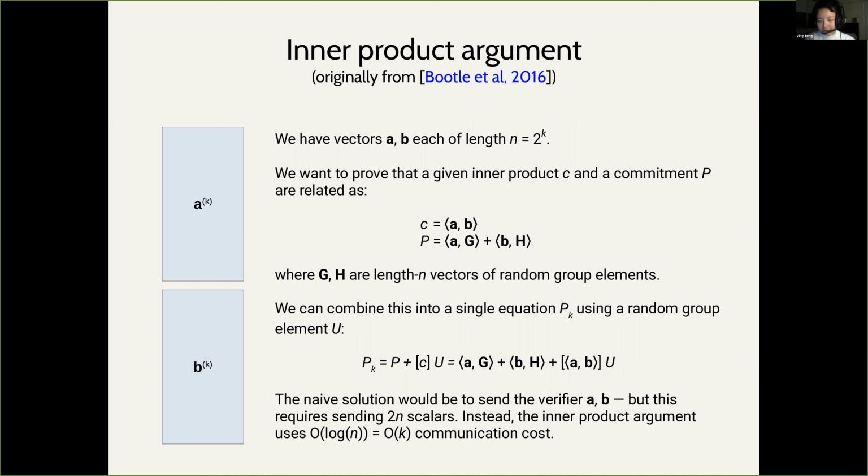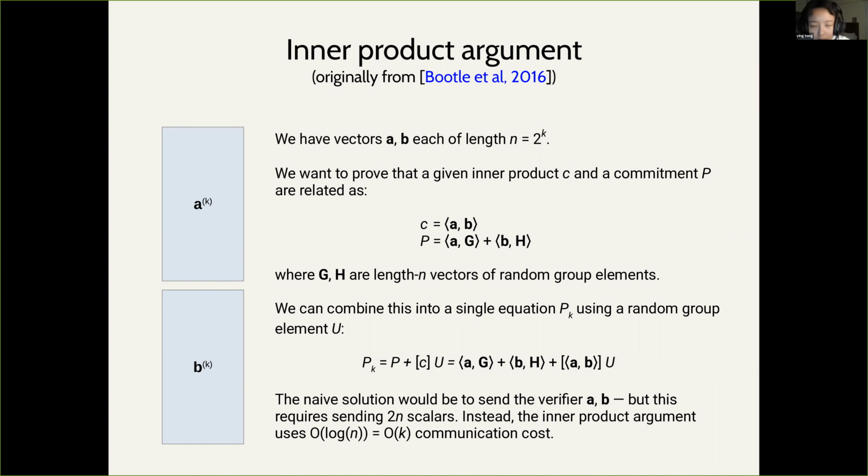But that would be very expensive in terms of communication cost. It would be sending 2n scalars, let's say for vectors a and b each of length n. And over here, the vectors contain the coefficients of our polynomials. So the inner product argument's purpose is to reduce communication cost. And in fact, it reduces it to log n.